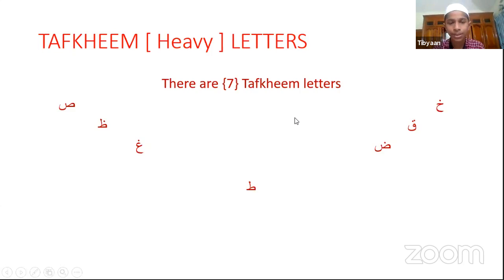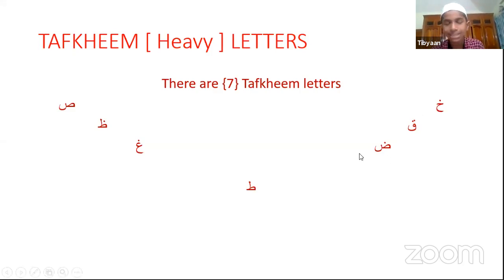Tafkheem means heavy. Most of you might know what to do while heavy, and most of you might not know what heavy is. Heavy means the mouth should be round and high pitched, and you should use your full mouth. So if you read these 7 letters, why are they tafkheem?